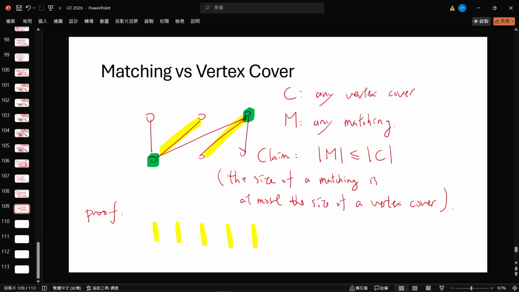Here we want to show that any vertex cover must contain 5 vertices. It cannot use just 4 vertices, and then we're done. That's the goal of the claim: to show that the number of vertices we need to cover all the edges in the graph is at least the size of the matching.